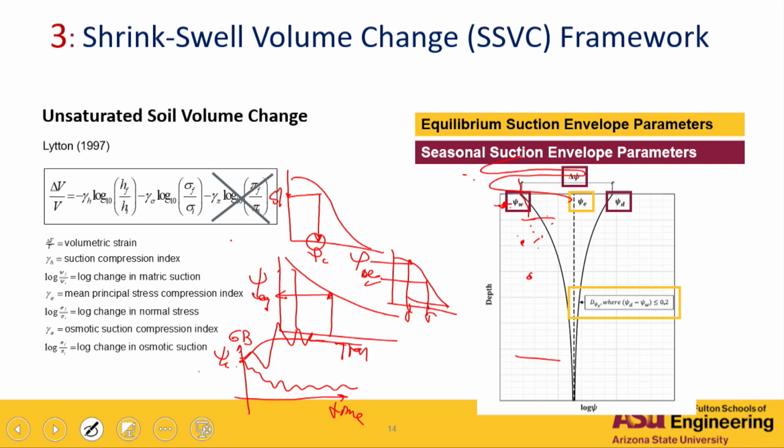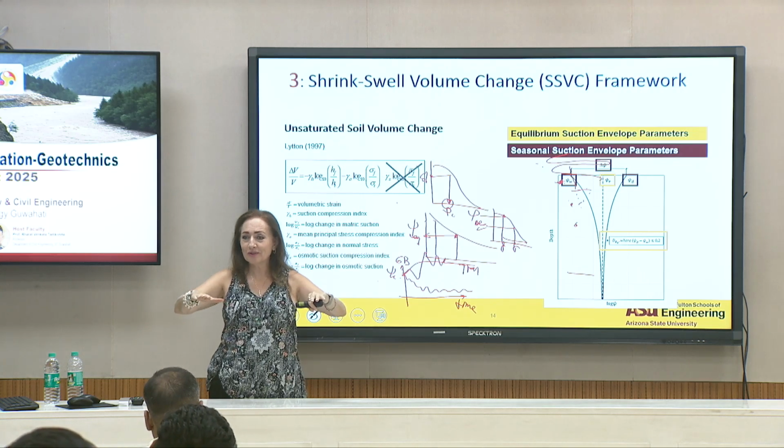The overburden stress doesn't change. Exactly. The normal stress that you put in there is going to be totally constant.